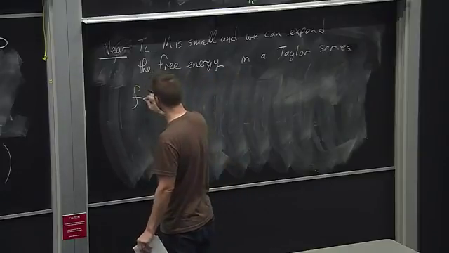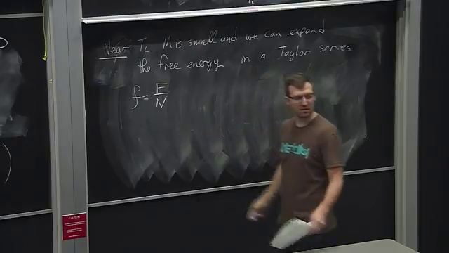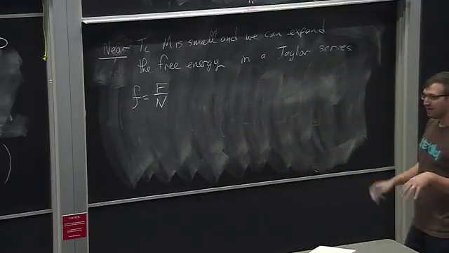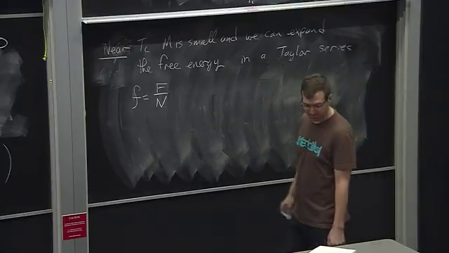So free energy density is F over N. I'll probably forget that I call this a density and just call it a Landau free energy. If you look at your assignment, when I say free energy, I typically mean free energy density. Okay.